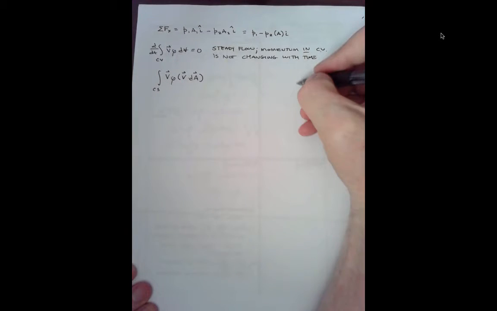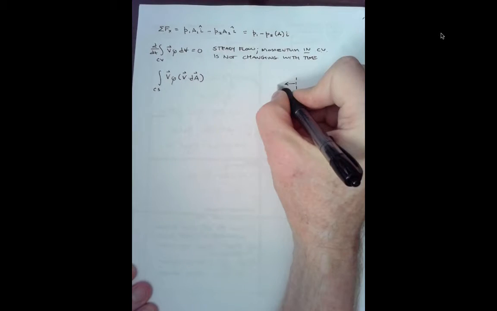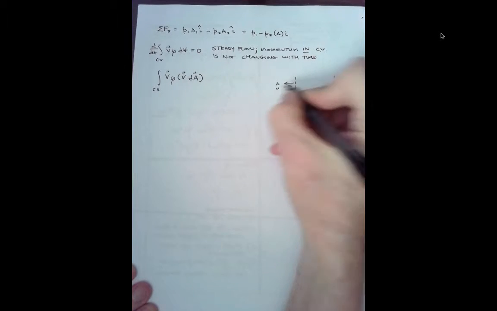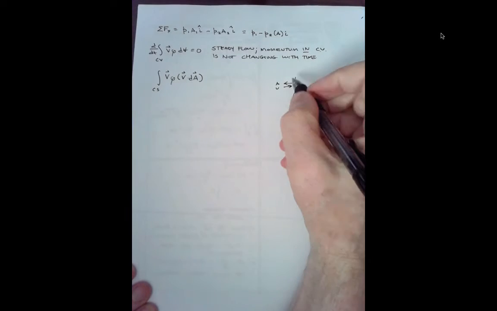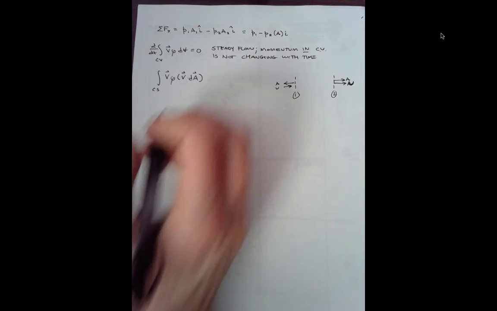We have to look at the left face and the right face. On the left face, the areas are pointing outward and the flow is coming in. On the right face, the area is pointing outward and the flow is going out. So the dot product of these will produce a negative value, and the dot product of those will be a positive value.